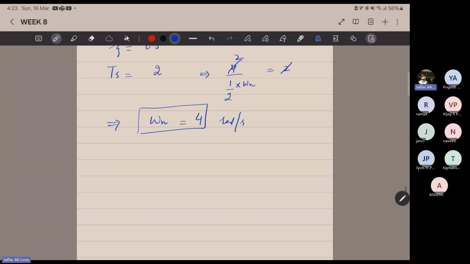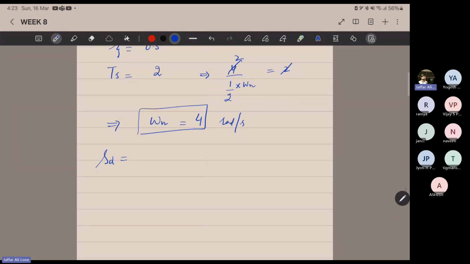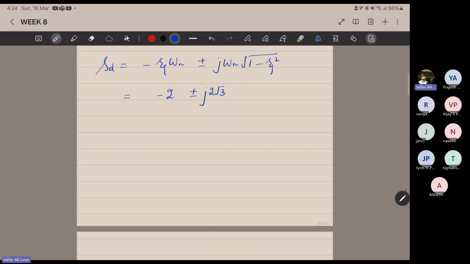Then what will be my desired pole? It will be minus zeta omega n plus minus j omega n under root of 1 minus zeta square, which is equal to minus 2 plus minus j 2 root 3.